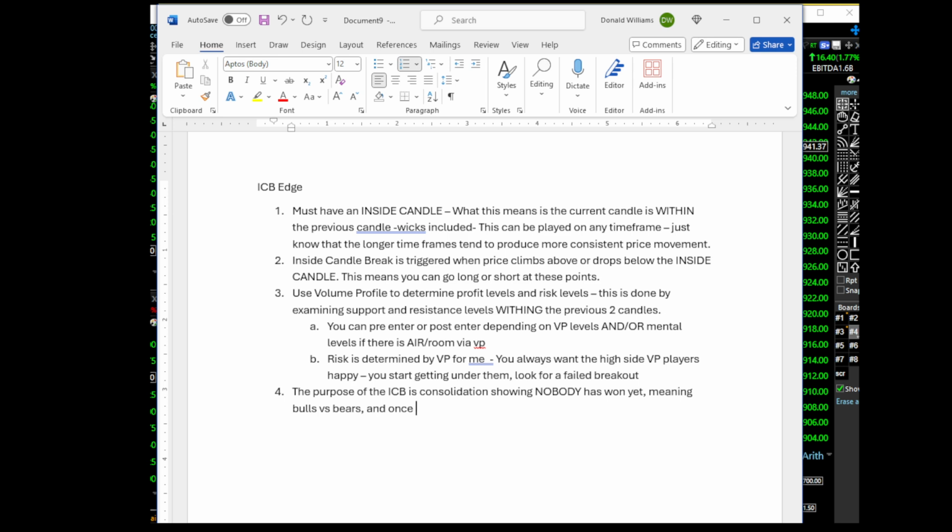And once a higher high or lower low is put in, then the losing team should give up and we should push. Does everybody understand that? Okay. All right, good.